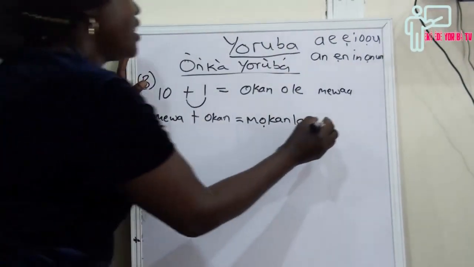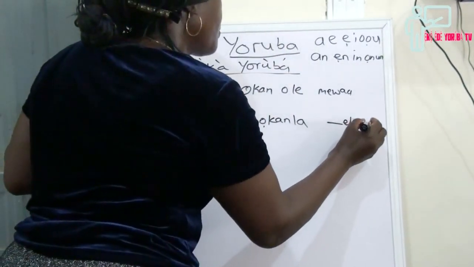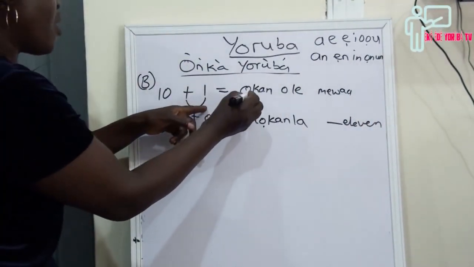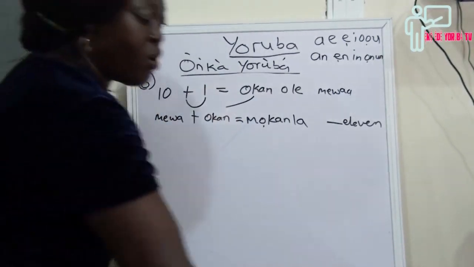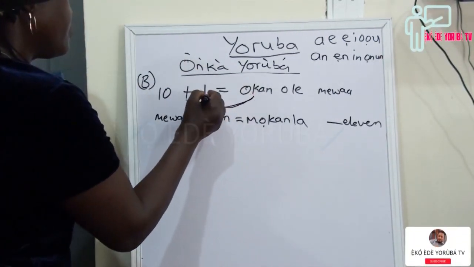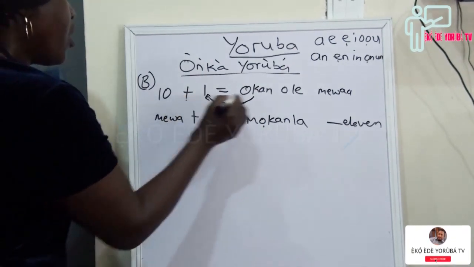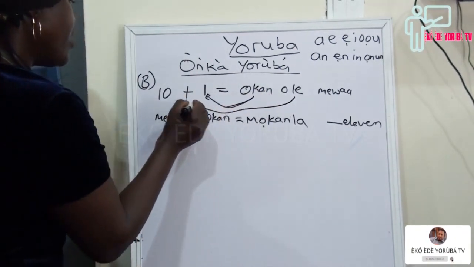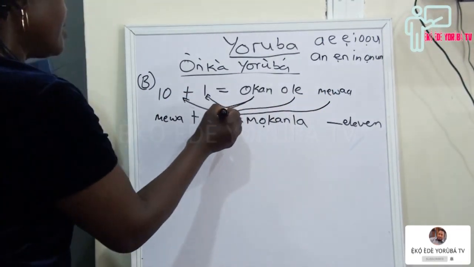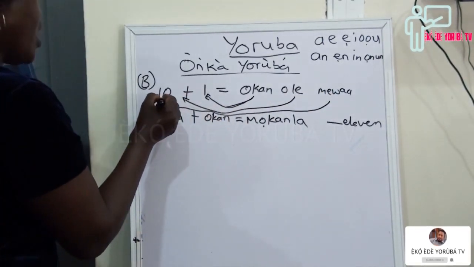You can see 11. So this one now is ọ̀kan. That is the meaning. Ole, this is ole. Mẹ́wàá, this is it. Mẹ́wàá.